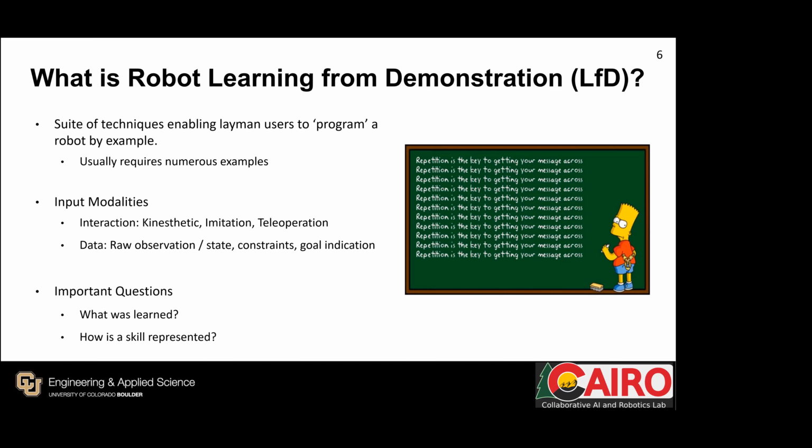The interaction types include kinesthetic, where you're actually manipulating a robotic arm, imitation, where the robot is observing a human, or teleoperation. There's a variety of data inputs as well. These include raw observation of state, potentially constraints, goal indication, what have you. Some of the most important questions that I hope to answer are what was learned and how these skills are represented by these methods.